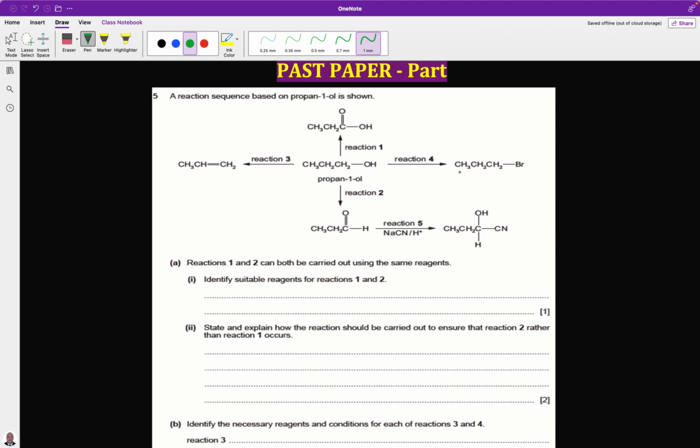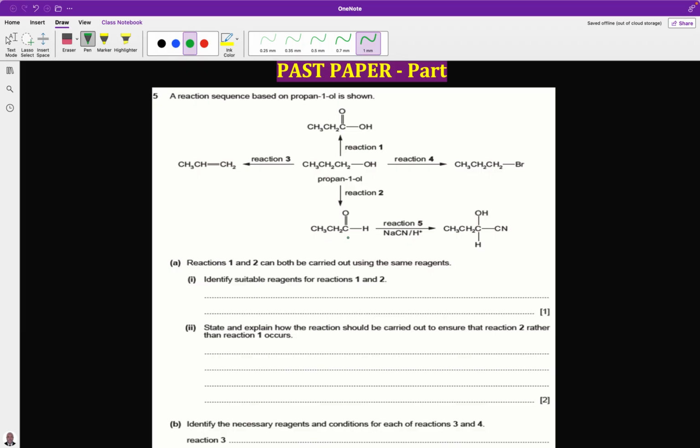In reaction 4, there is halogenation of alcohol leading to halogenoalkane, bromopropane. Propan-1-ol in reaction 2 gave us propanal, and this propanal is as a result of not complete oxidation, it is oxidation of propan-1-ol to propanal.